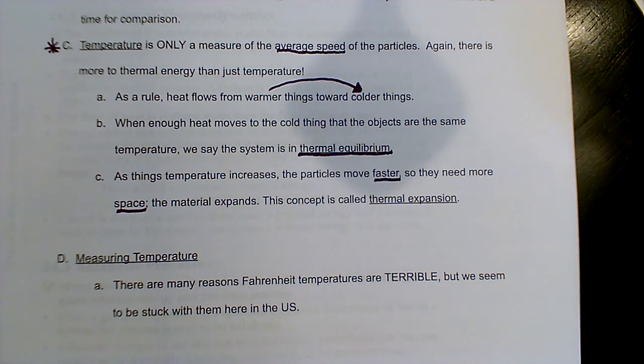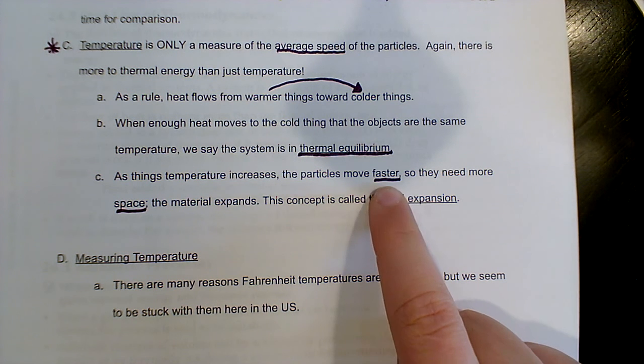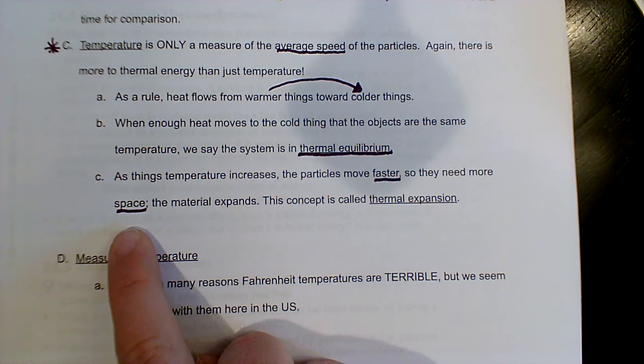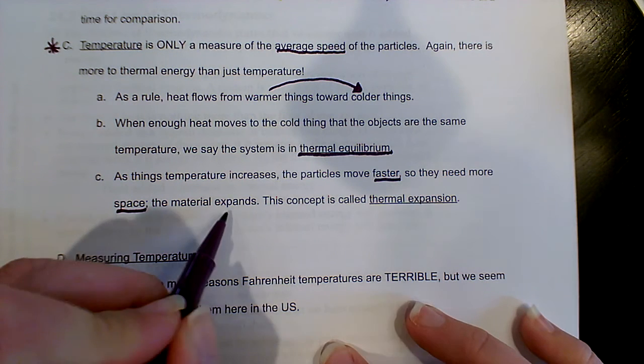If you wanted to move fast, go for running, you couldn't do it in that room with that many people. If you're going to start moving faster, you need more space. And the same is true for individual particles and molecules. So the faster things move, their temperature is going up, they need more space, and the material expands.